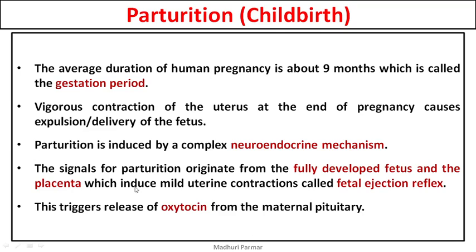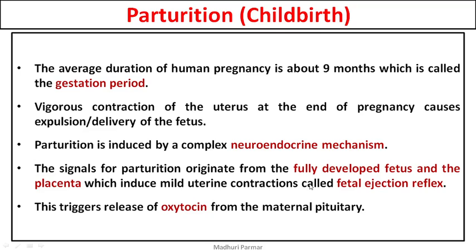So this triggers the release of oxytocin. When there is contraction, this causes release of oxytocin from the maternal pituitary. Till now, the baby was sending signals. The baby was releasing prostaglandins, and the placenta was releasing a little bit of oxytocin, and this caused a little contraction.